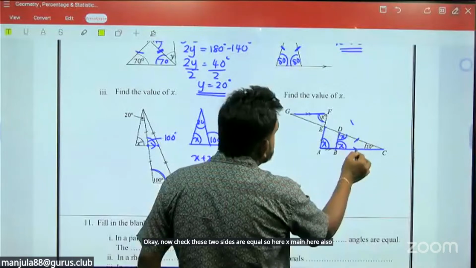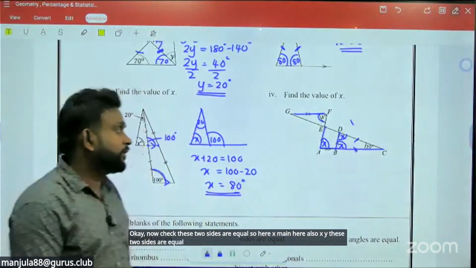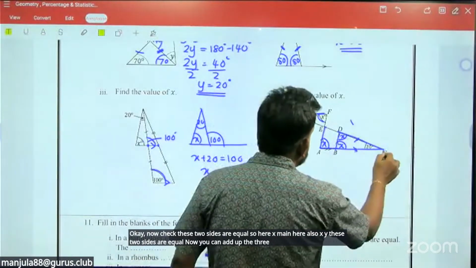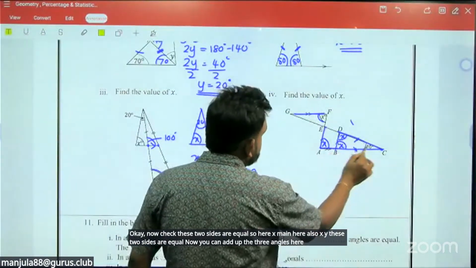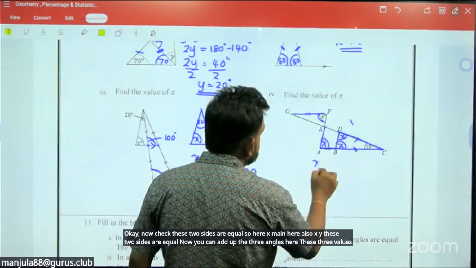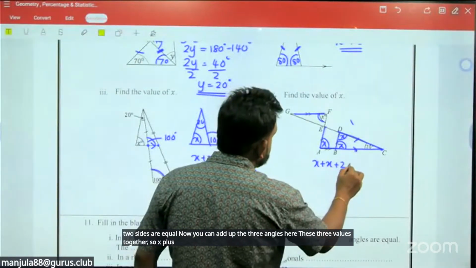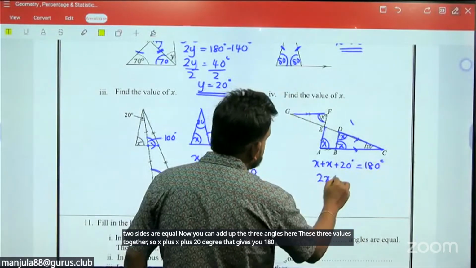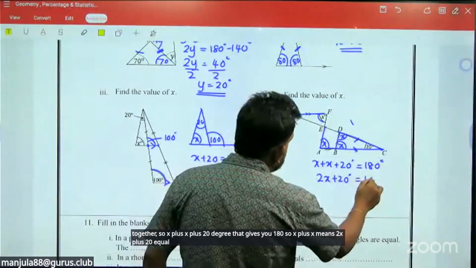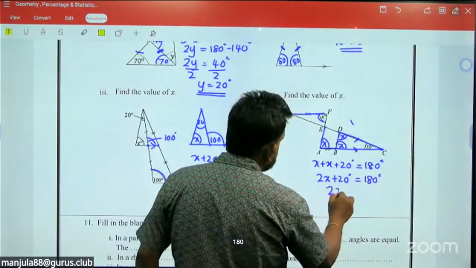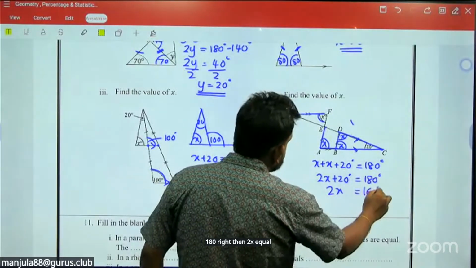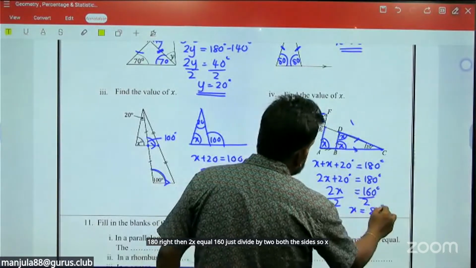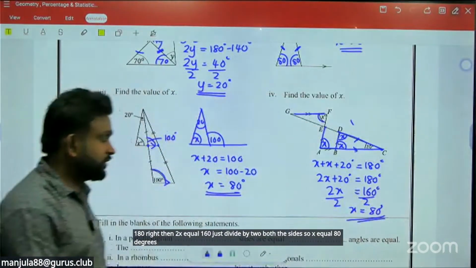Now you can add up the three angles here. So x plus x plus 20 gives 180. So 2x plus 20 equals 180. Then 2x equals 160, divide both sides by 2, so x equals 80 degrees.